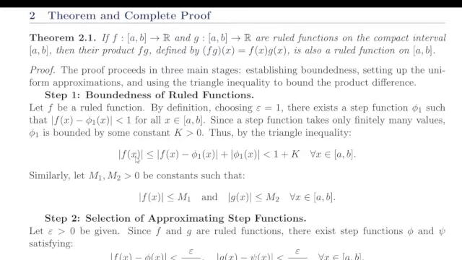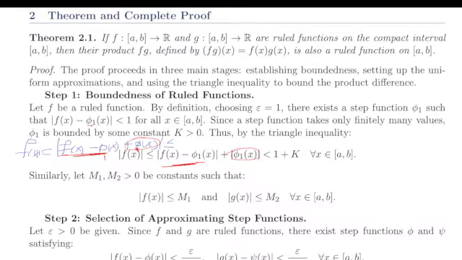If we start with f of x, we could just say f of x is equal to f of x minus phi of x plus phi of x. And we take the triangle inequality, we'll lump in the absolute value of f of x minus phi of x, and then we'll have that phi of x over here. And here we should have phi 1, that's what we have here.